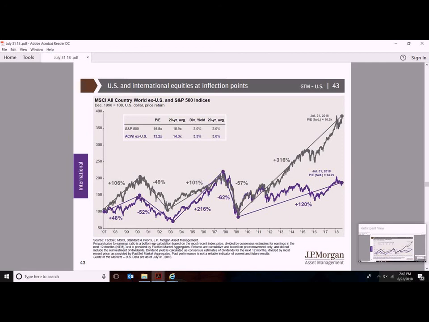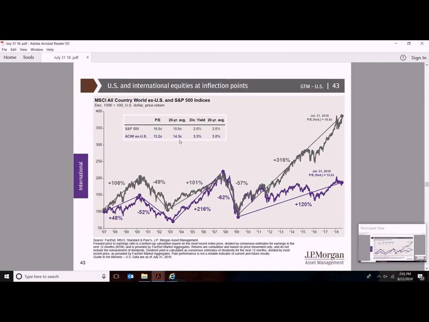Also, besides just the trends, looking at the P/E ratio, it's 16.5 here on the S&P 500 versus the ACWI at 13.2. It does show that there's a little bit more value in the rest of the world in terms of investing outside of the U.S. And if you compare the S&P 500 to its 20-year average of 15.9, we're at 16.5 currently.